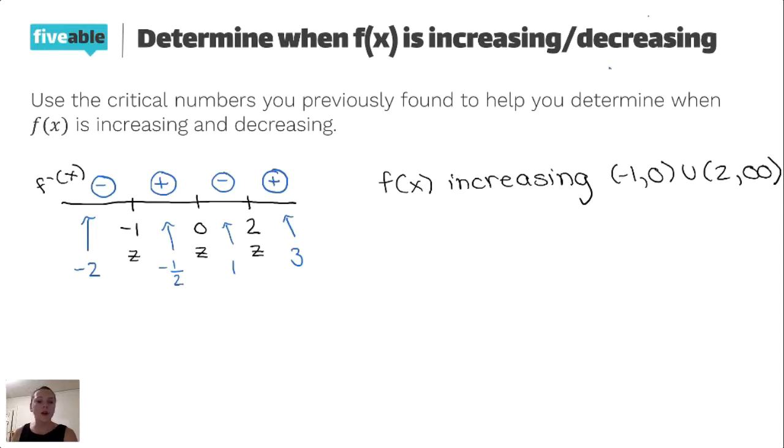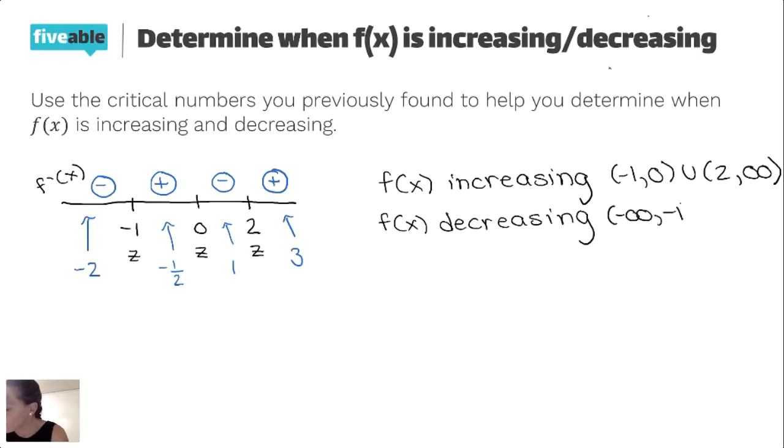And now I want to figure out where f of x is decreasing. So I am looking for where f prime of x is negative. And that happens from -infinity to -1, union 0 to 2. Bada bing, bada boom. So it's all about that language.